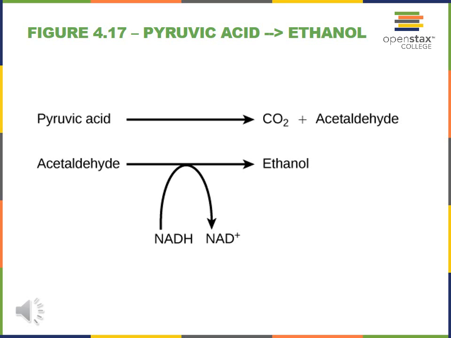Just know that from pyruvic acid, we can gain ethanol by taking out some carbon dioxide and some NADH. Okay, and that alcohol fermentation is a type of fermentation, basically.